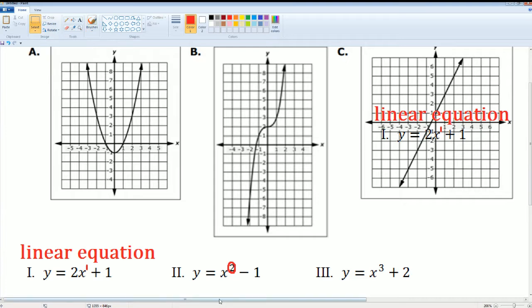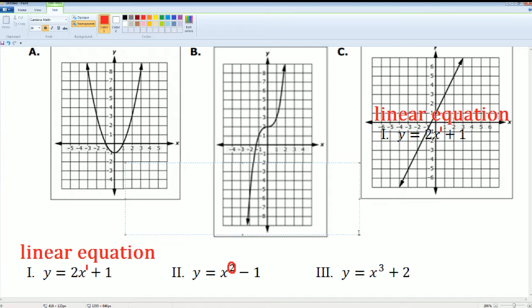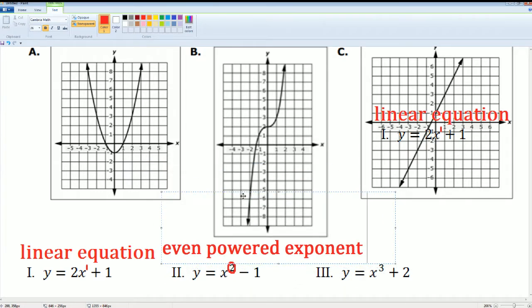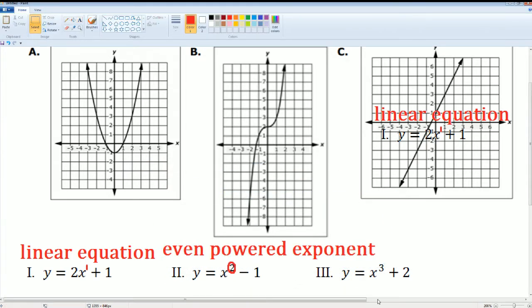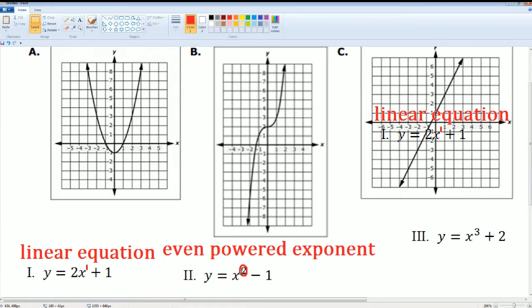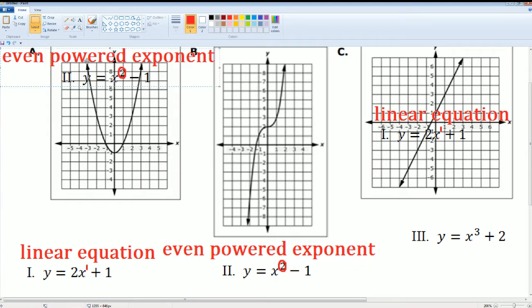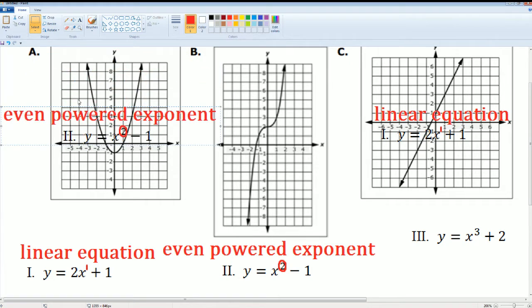So this one is your even powered exponent. Let me move this to the side so we can grab it. This one would be the even exponent. It would be this one because it makes a curve.